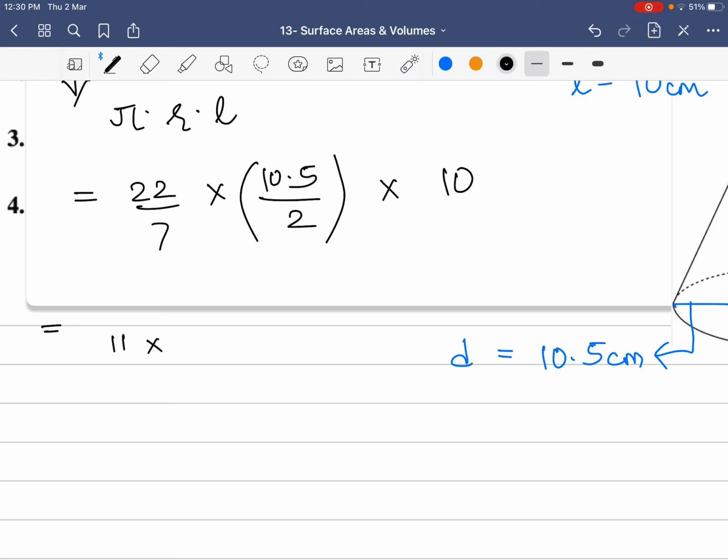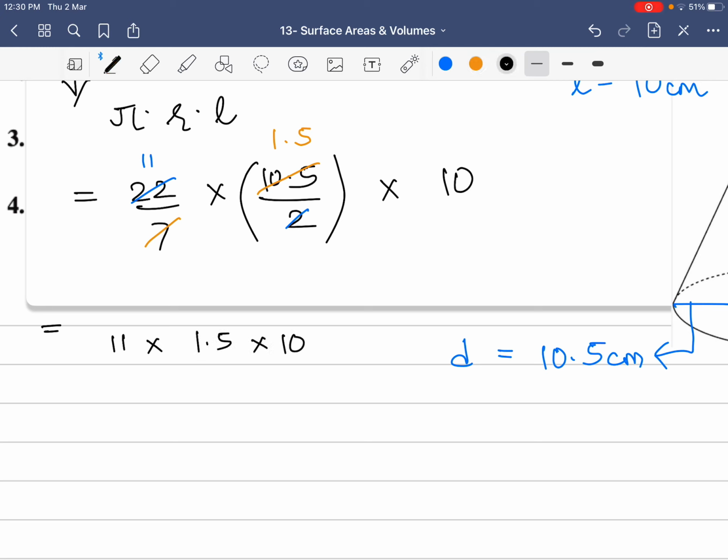Now I'm going to do 10.5 divided by 7. So 7 ones are 7, 7 5s are 35. So this is going to be 11 into 1.5 into 10. That is going to be 11 into 15. So 1.5 into 10 is 15. That is equal to 15 ones are 15, 1 carry, 165.